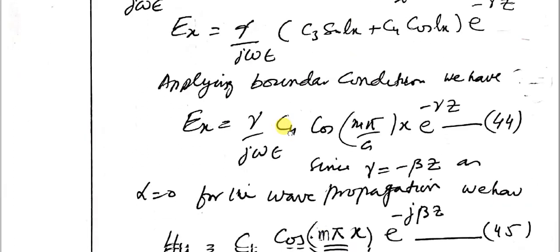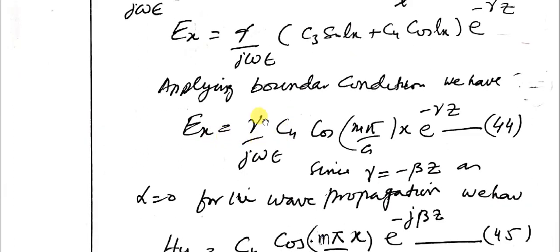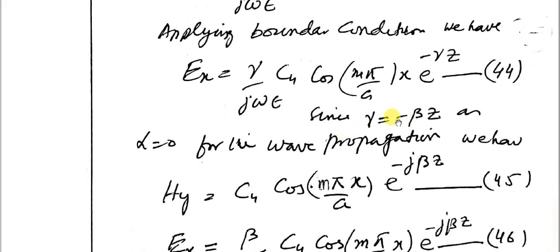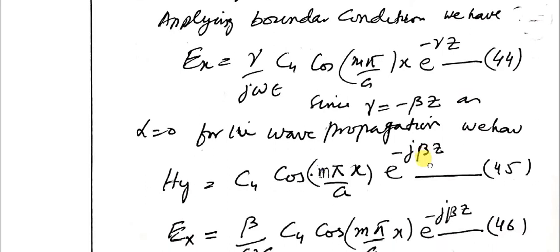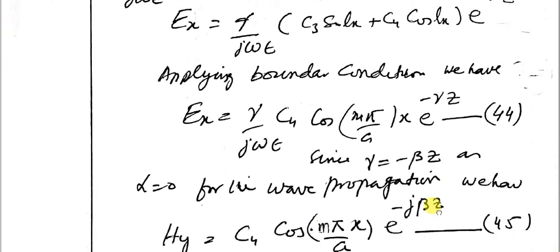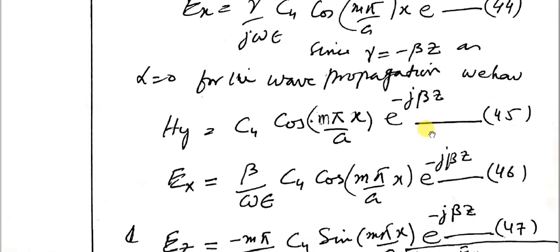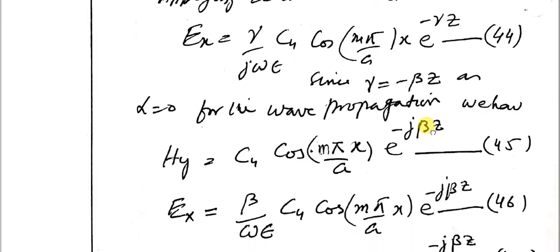So Ex is given by gamma by j omega epsilon C4 cosine of m pi over a x, e to the power minus gamma z. Since gamma is related to beta z, we can put that in.